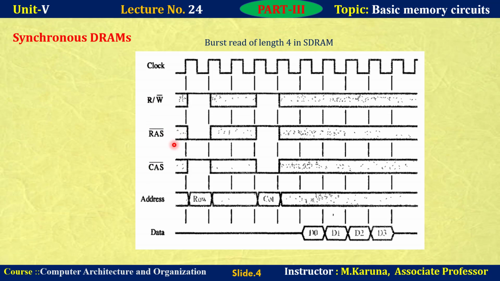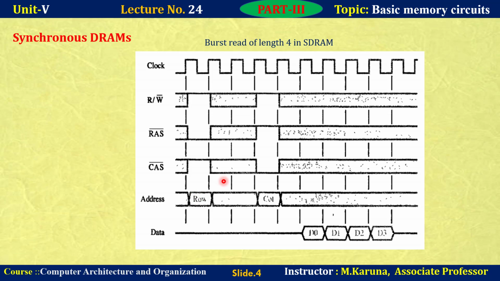Let us see the operation. First, the row address is latched under the control of the row address strobe. Here the row address strobe is an active low signal, during which the row address is placed on the address bus.